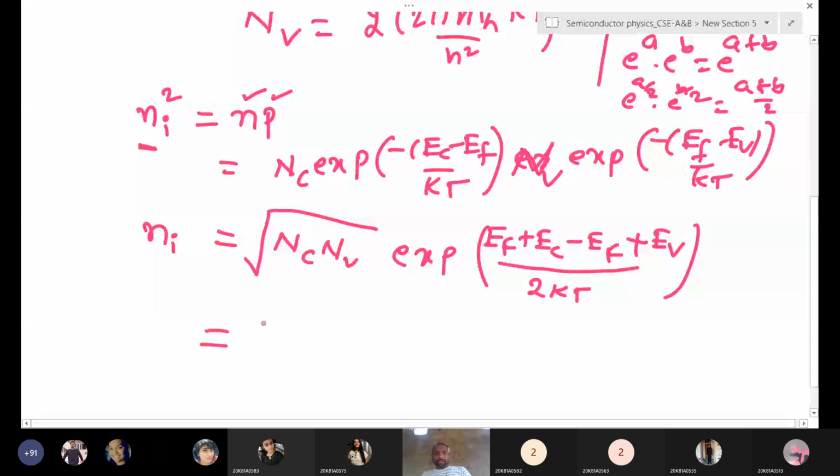Nc into Nv under root, exponential here Ef, and this Ef will be cancelled out, right? Sorry, here this one is minus, right? Something is missing, right? Ec plus Ev by... ni is equal to... something is missing?